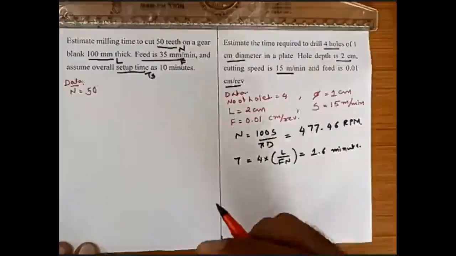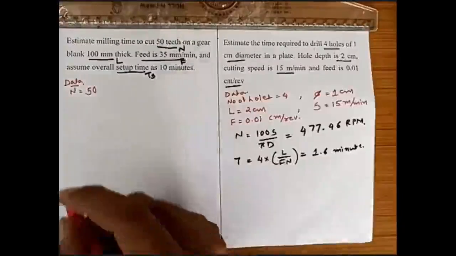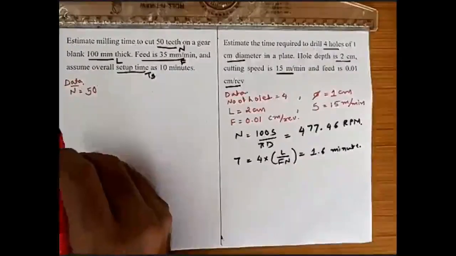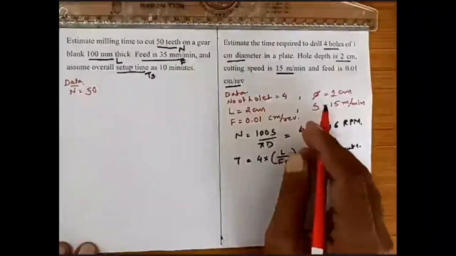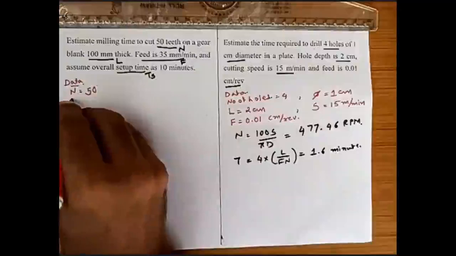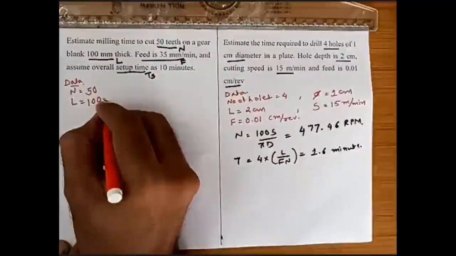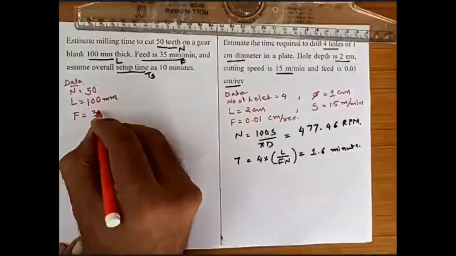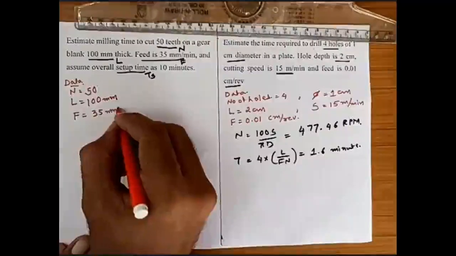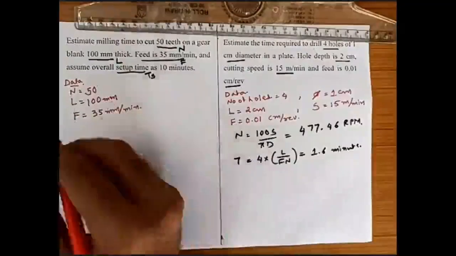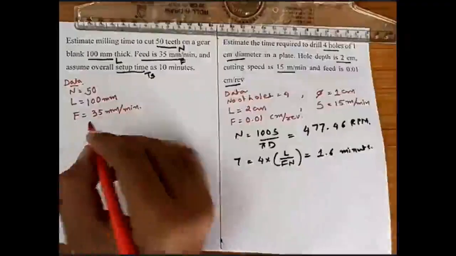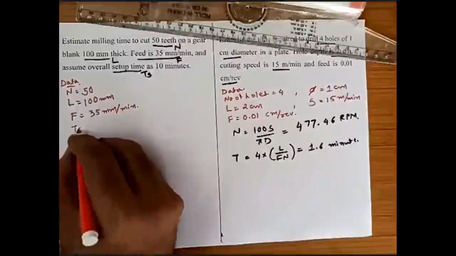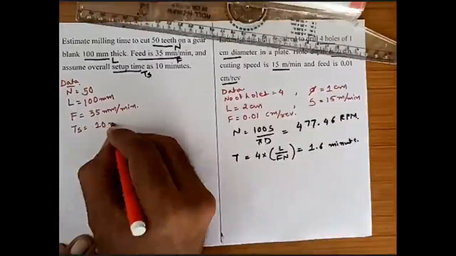Number of indexing is the same as the number of teeth, so it is 50. L is equal to 100 mm. Feed F is equal to 35 mm per minute. Setup time TS is equal to 10 minutes.